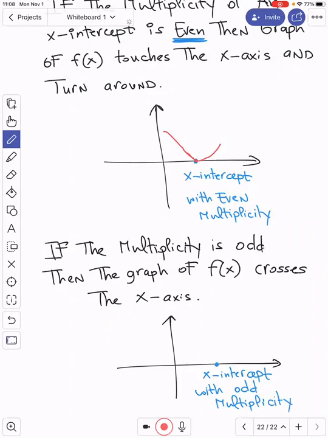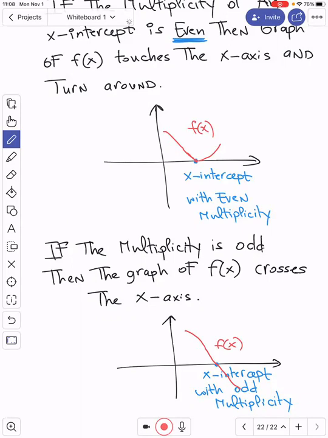So what's going to happen is that your graph of f, this is f of x, of course, is going to touch your x-intercept, of course, because that's a point of the graph. But then it's going to cross the x-axis. So we're going to go all the way down. So it's going to cross your x-axis.